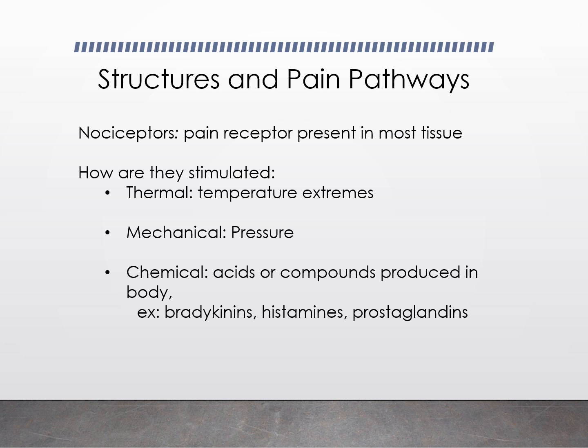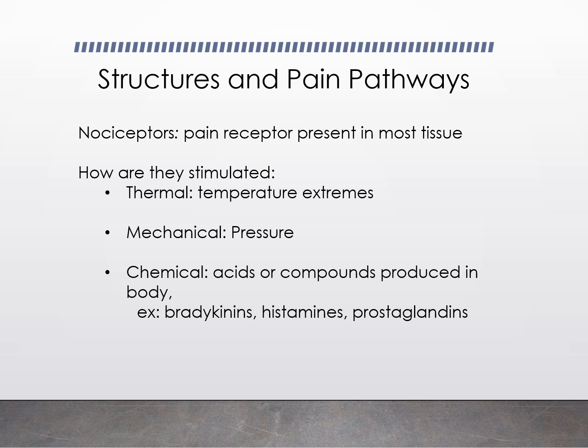Nociceptors, those pain receptors in the skin or in the body, are stimulated by thermal means, like extreme heat or extreme cold. They could also be stimulated by mechanical means like pressure, or chemical means like acids or different compounds that are produced in the body. So that's our stimulus.